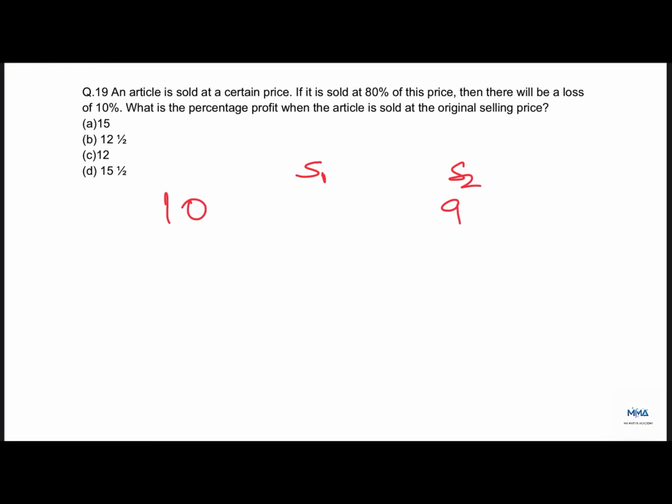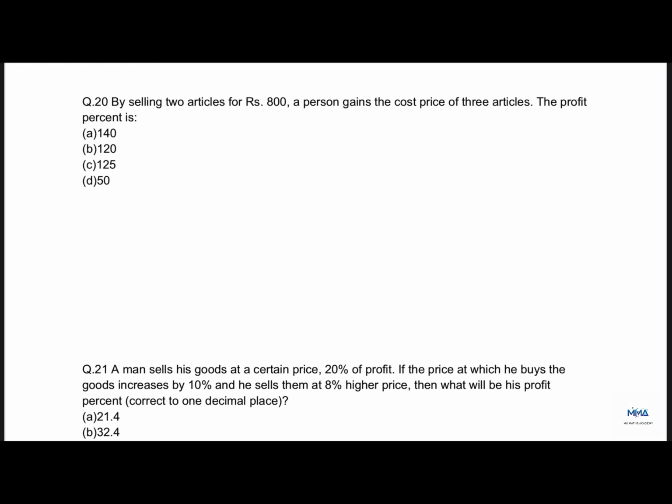So since 80% is 4 by 5, to find this, you just multiply this with 5 by 4. So you have to find the profit at this number, which is basically 45 by 4, 11.25. If you make this as 100 and this is 112.5, it is going to be 12.5% profit.